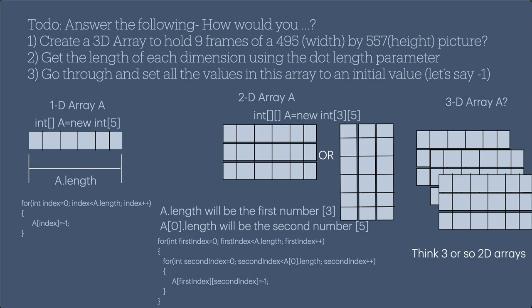And how would we cycle through this? If the 1D array is a for loop and the 2D array is a nested for loop, how would you get through all 3 dimensions of the 3D array? So that's the first to do. Pause the video and try to write that out, and then I'll meet you at the next slide.